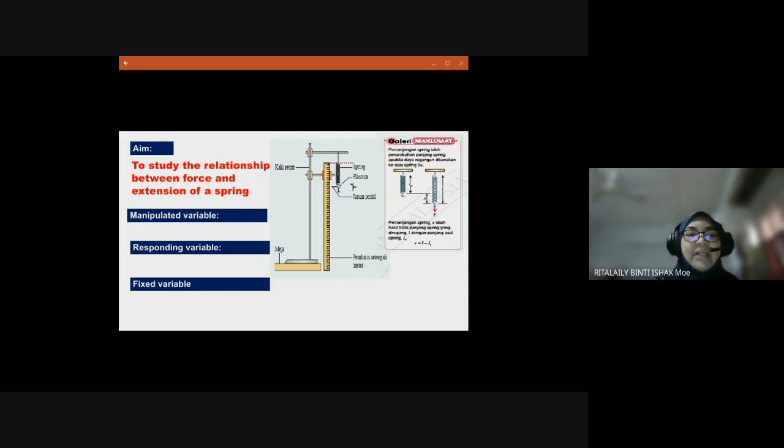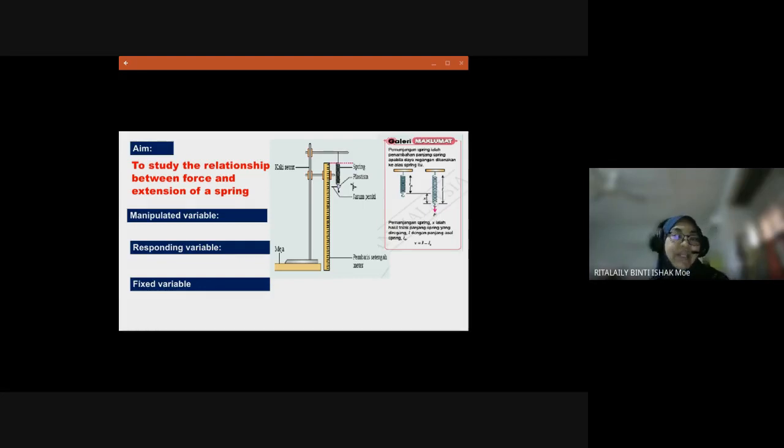Any other answer for manipulated variable other than mass? Okay, mass is measurable. Okay, force. For our hypothesis, our inference, and our aim, we write force and extension of spring.